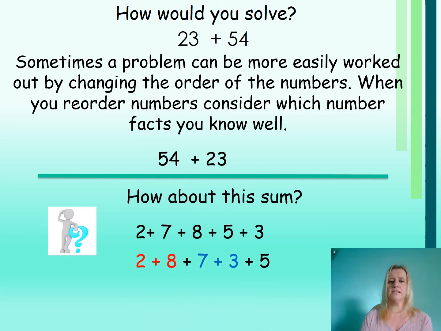If I reorder this sum to 2 add on 8 and 7 add on 3 and add 5 on at the end, it becomes a much easier sum to do because I've put the numbers that make 10 together. Can you see that?